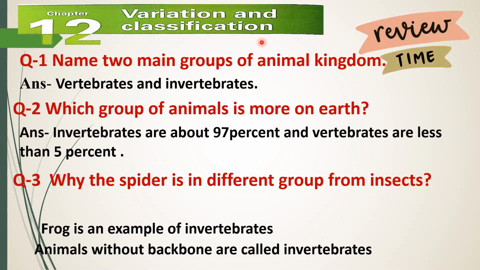Invertebrates are about 97% and the vertebrates are less than 5%. So you have to clear your mind that invertebrates are in more number as compared to the vertebrates.